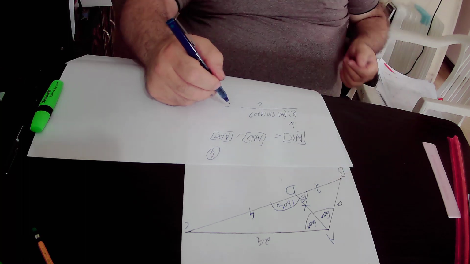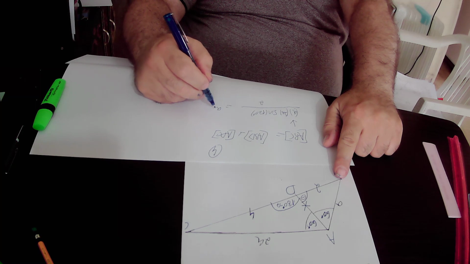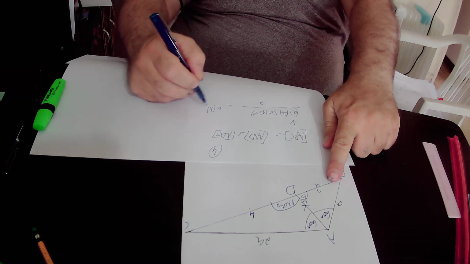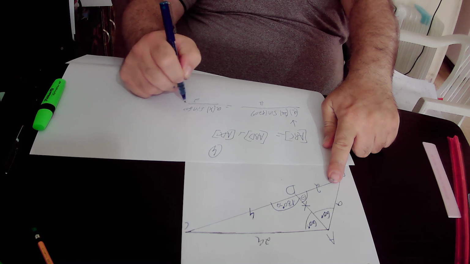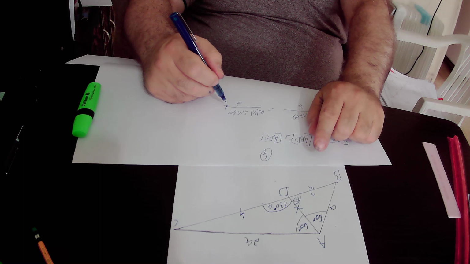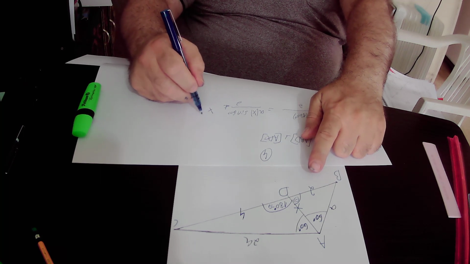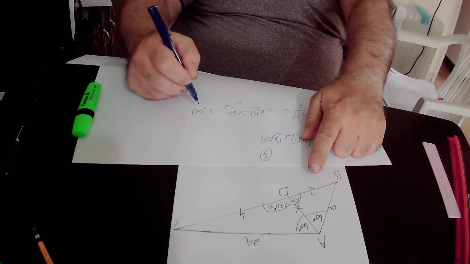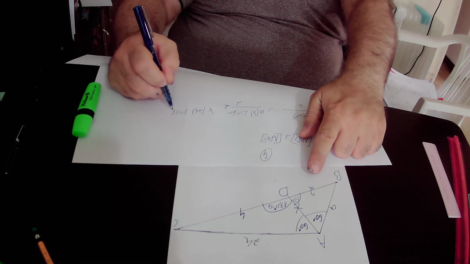The area of triangle ABD, according to the new formula, will be equal to A times X times sine 60 degrees over 2, plus the area of triangle ADC. The area of triangle ADC, according to the new formula, is equal to X times 2A times sine 60 degrees over 2.